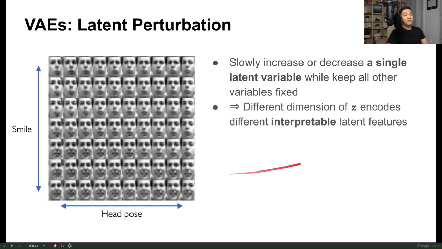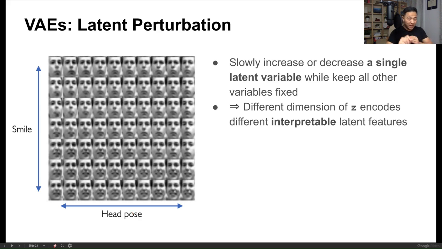So different dimensions of z actually encode different, explainable, interpretable latent features. If you look across this bottom row real quick, these are showing different head poses of a person. These images are fake images generated by just changing one dimension of the latent variable z.